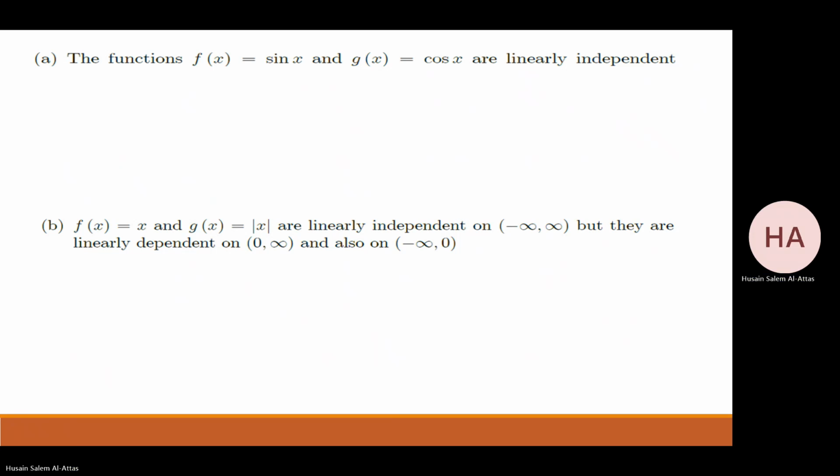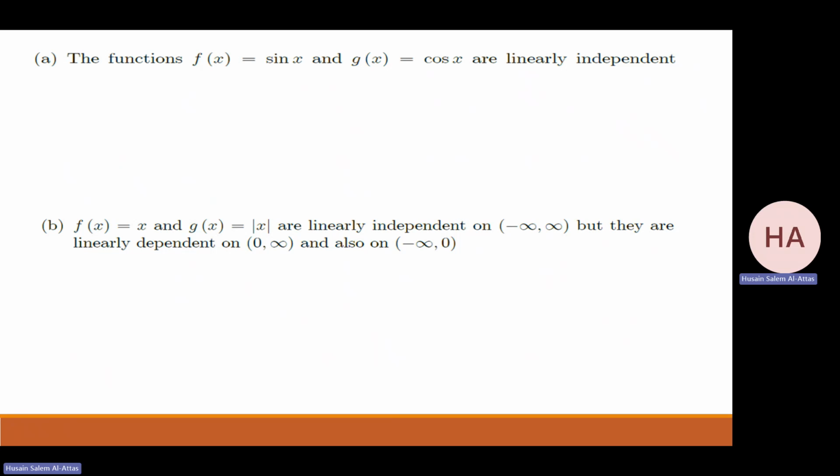If you have two functions, it will be very easy. If one of them is a constant multiple of the other or not, what I will do is just divide them. If I get a constant, that's it. If I get a function, no, there is a problem.